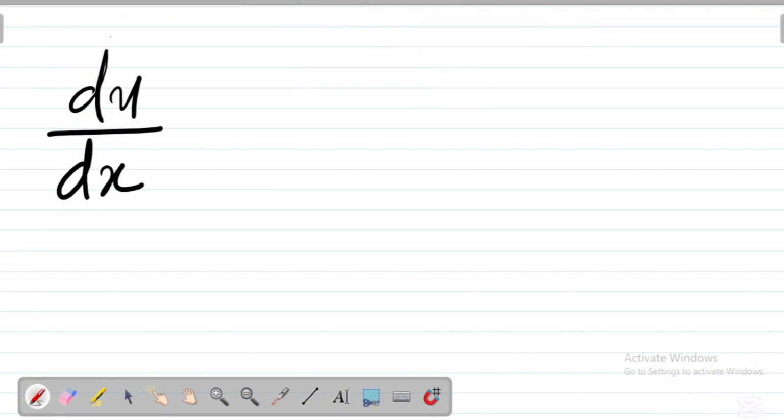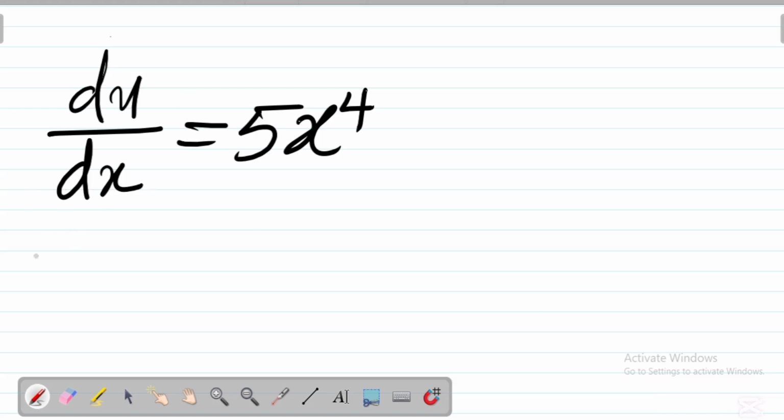So we have here du all over dx equals 5x raised to the power 4. Now let's multiply both sides by dx, or simply cross multiply so we can find du.